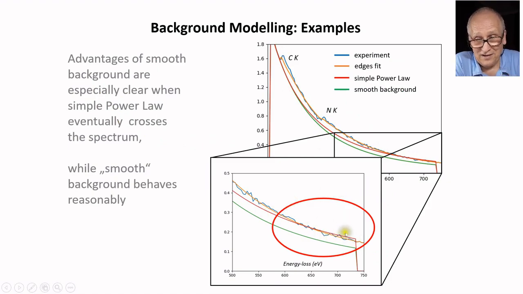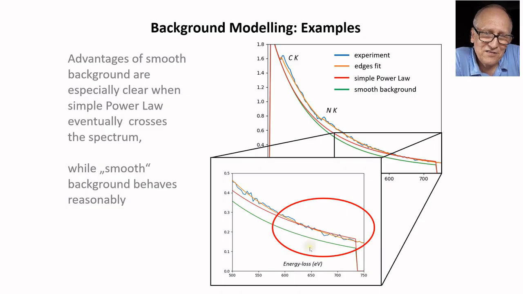It's not a very rare case, and in this case ILS quantification of course fails completely, but our smooth background still makes a good job, like shown here. Well, that was the second and most important part.